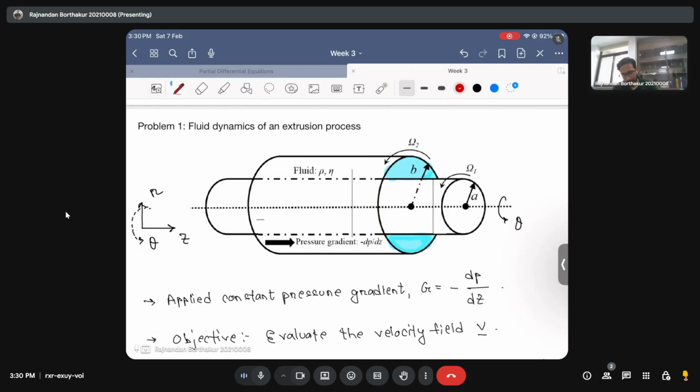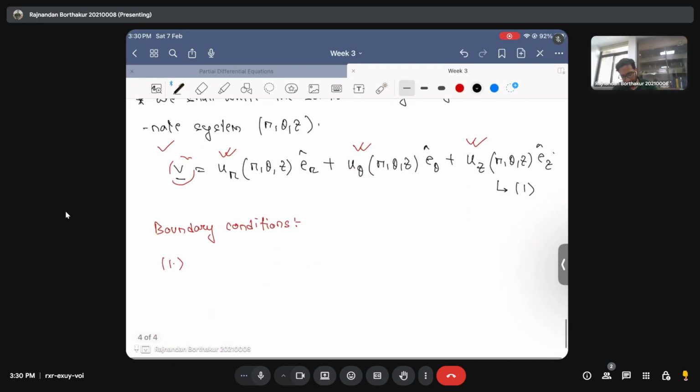So this means that I can say that V at r equal to b, which is at the outer cylinder, for all theta and for all z, is going to be the velocity of the cylinder, and the velocity of the cylinder is going to be omega cross r. This is something we all know, because if I have an object rotating with an angular velocity omega, its corresponding translational velocity is the cross product of omega with r.